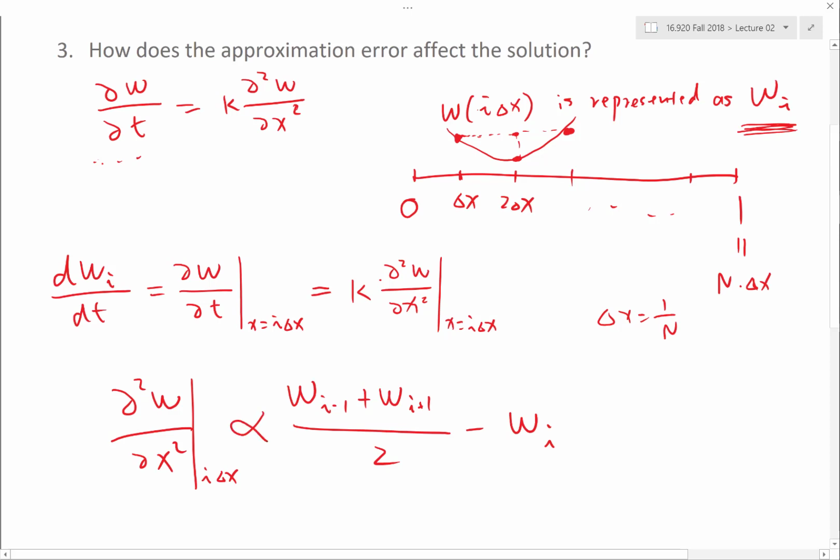But then, what proportionality constant should I give to it? Yeah, it has to do with spacing, right? But exactly how do we do that analysis? The analysis, well, there are two ways to get to the proportionality constant, but let's use the most general way. That's actually starting to be our introduction to the Taylor series analysis.